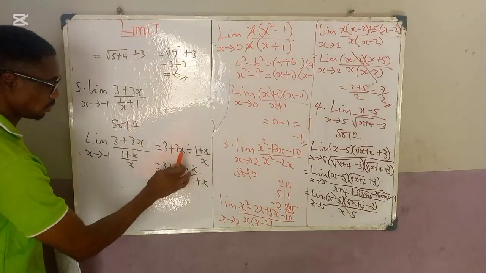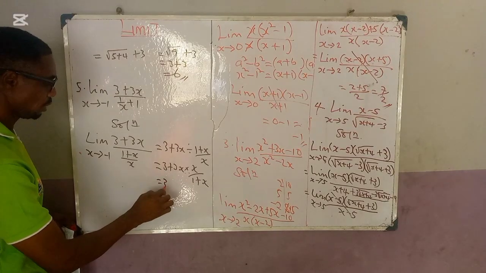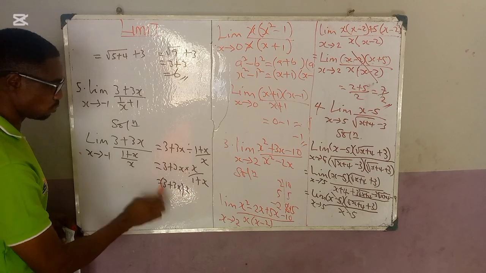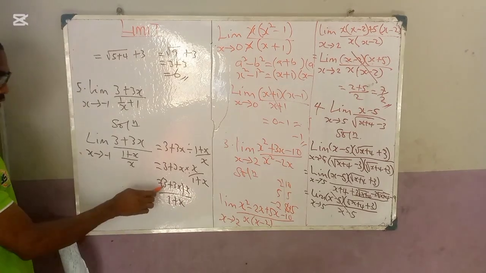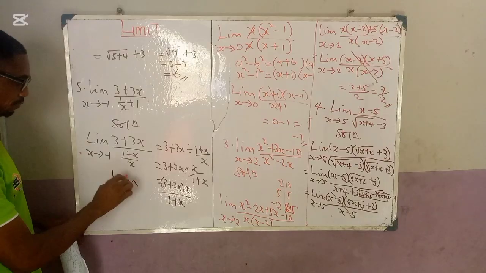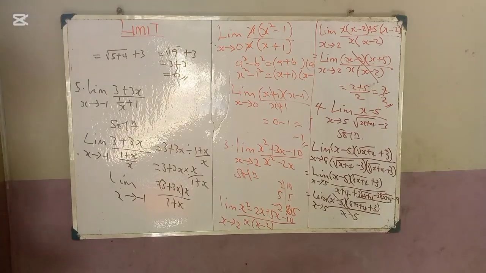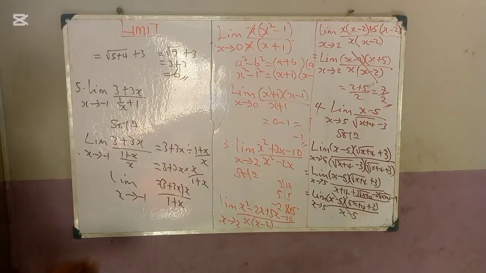I hope you're familiar with the simple rule of fractions. If I multiply, I'm going to have 3 plus 3x multiplied by (x plus 1). Don't open the bracket yet. Over 1 minus x. We're taking the limit of this right now, limit as x approaches minus 1. With this, you can look at the question here.